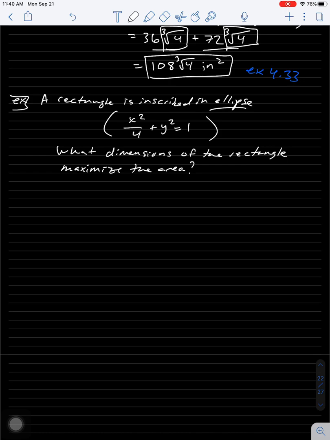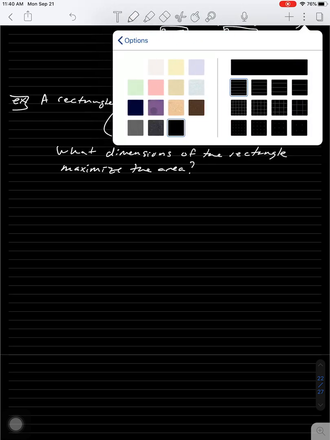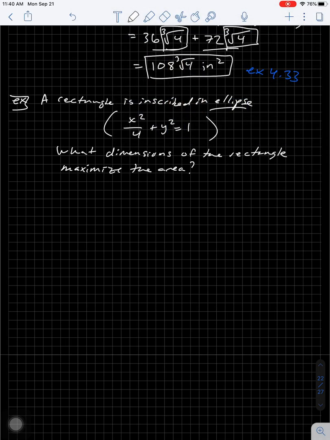Well, it tells you that, but also the way that you graph it is it's centered at 0, 0. We know that because there's nothing in here with the x and the y. And the square root of this number is how far you go on the x-axis out. So I'm going to call this -2 and 2. And then the square root of the number down here is 1.